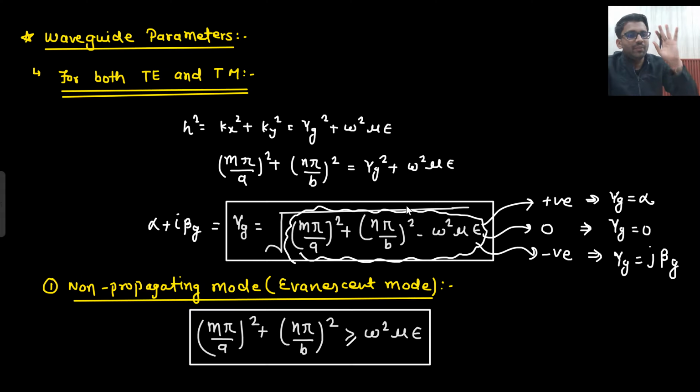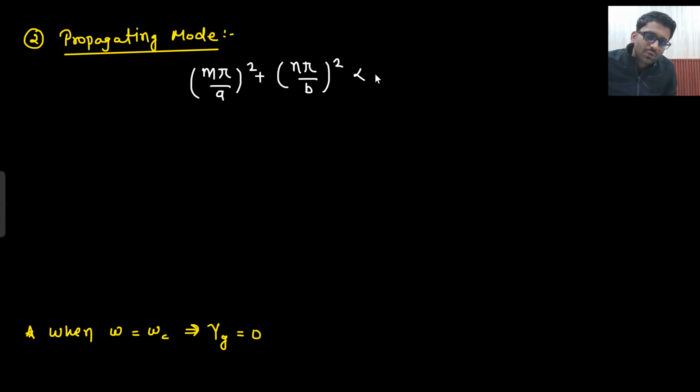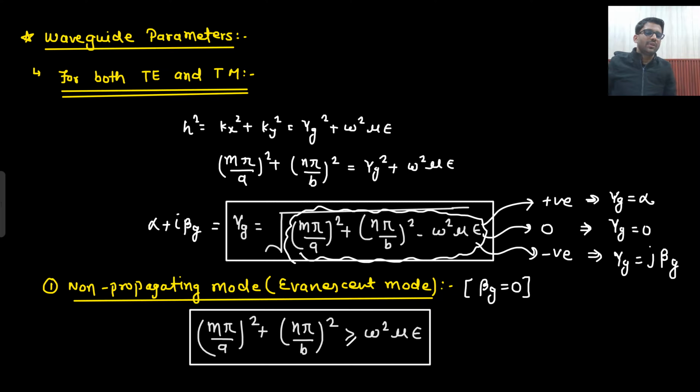So if beta g is not there, that means beta g equals 0, and it would be a non-propagating mode. And what about propagating mode? For propagating mode, (m pi by a) plus (n pi by b) whole square should be less than omega square mu epsilon. Do you agree to this point? Right?